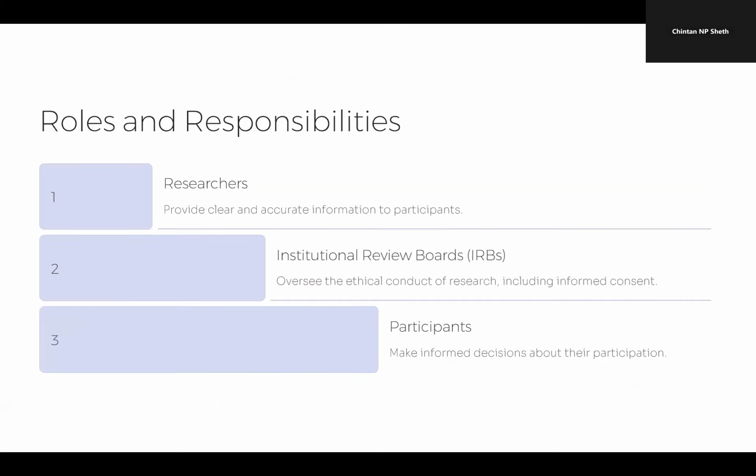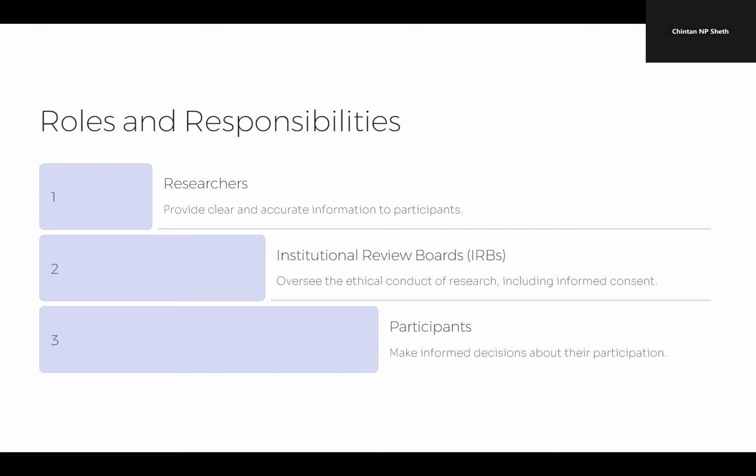The roles and responsibilities: first, of researchers, to provide clear and accurate information to the participants; of institutional review boards or independent ethics committees. And we released a recent video describing the details of IRB and IEC. So if you have not checked that video, please go through it to get crystal clarity about IRB and IEC.